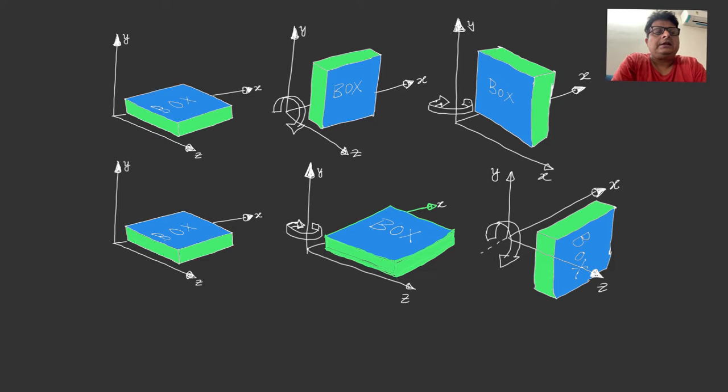Then you rotate the box about the x-axis in this way. This is the orientation of the box after being rotated about the x-axis, and then you rotate it about the y-axis in this following way. Due to these two rotations, this box gains this orientation.